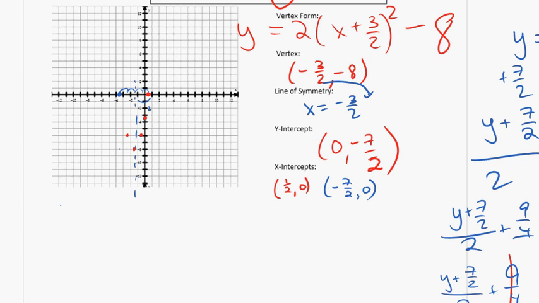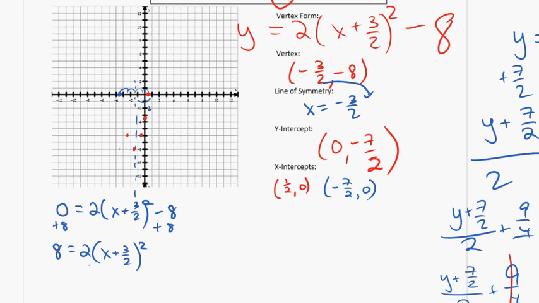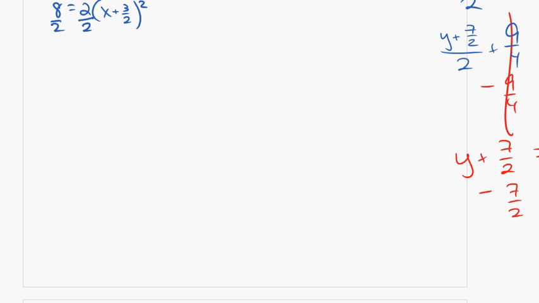So using vertex form, y equals 0 at the x-intercepts: 0 equals 2 times the quantity x plus 3/2 squared minus 8. I'm going to add 8 to both sides. 8 equals 2 times the quantity x plus 3/2 squared. And then divide everything by 2. So I get 4 equals the quantity x plus 3/2 squared.